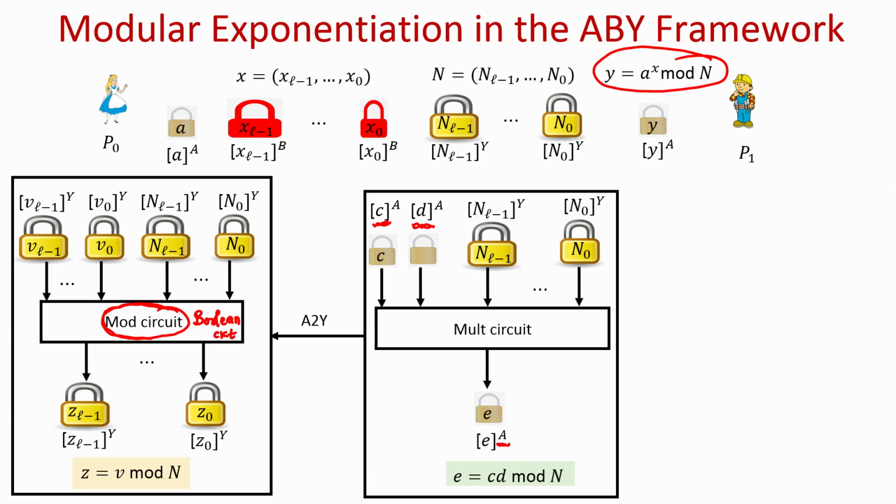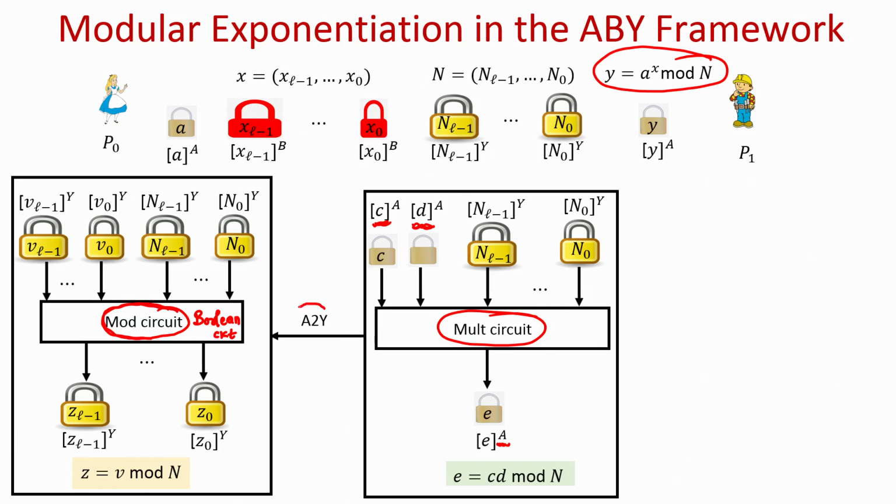Okay. So, E, you can imagine that we will be first computing C times D, that will be the multiplication circuit here. Now, whatever is C times D, we have to reduce it modulo n. To reduce that value, we have to take the help of this mod circuit, but this mod circuit expects the input in Yau's representation, while the intermediate result C times D we have computed in the arithmetic representation.